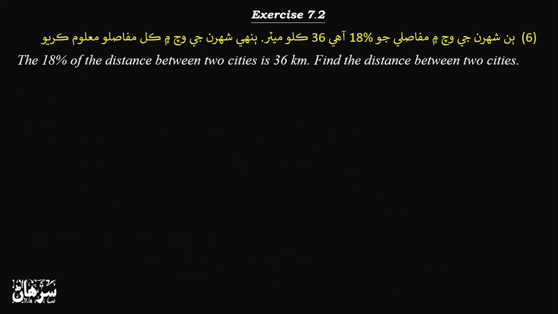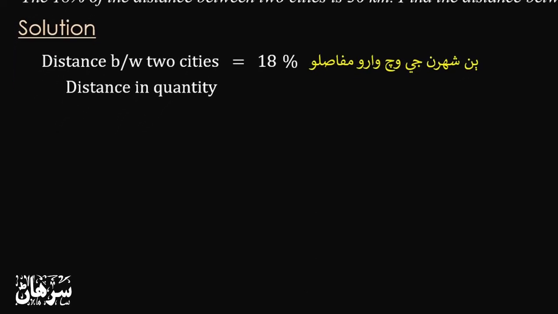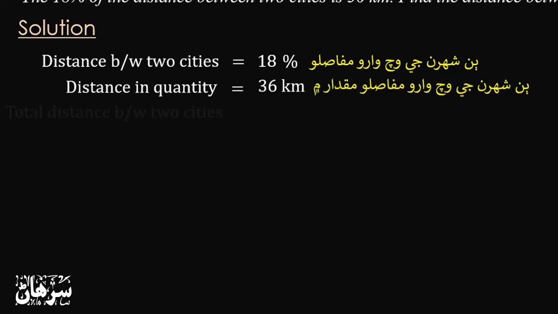The 18% of the distance between two cities is 36 km. Find the distance between two cities. Solution. Distance between two cities 18%. Distance is a quantity, yani 18% of the quantity is 36 km.